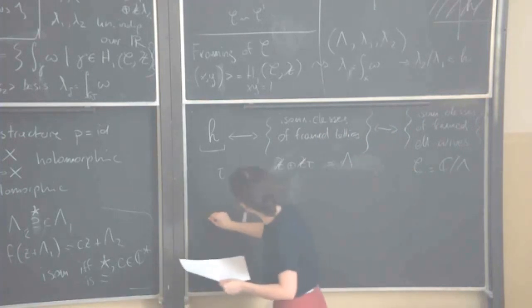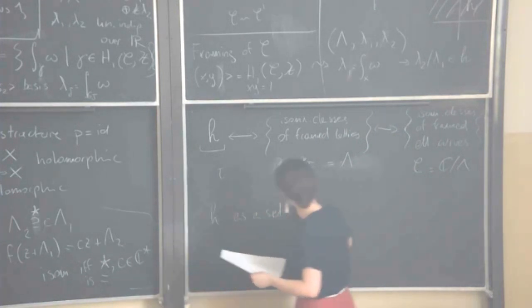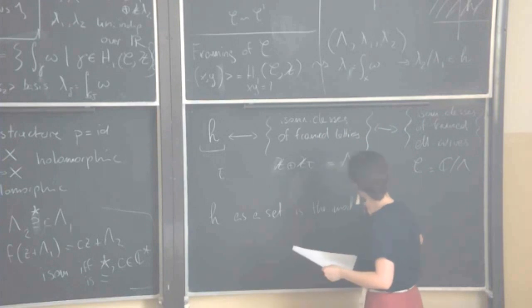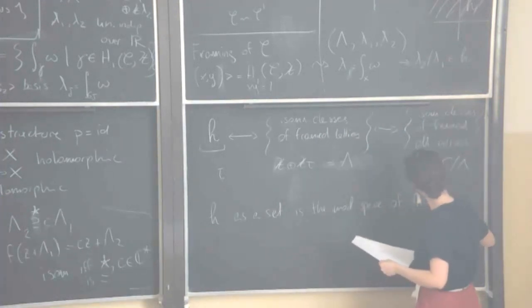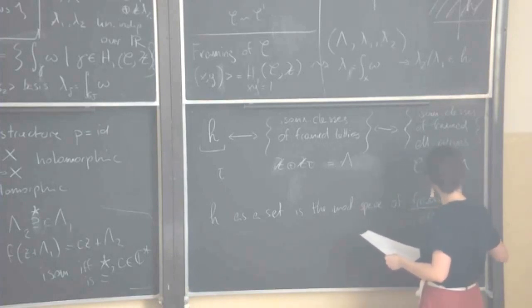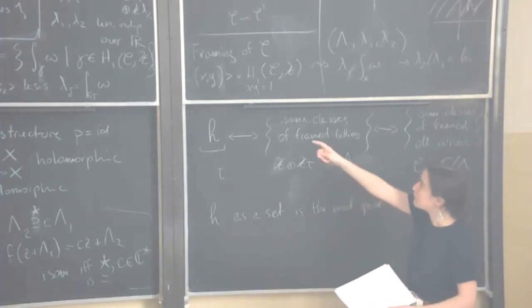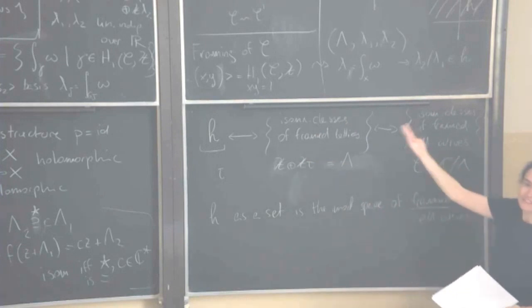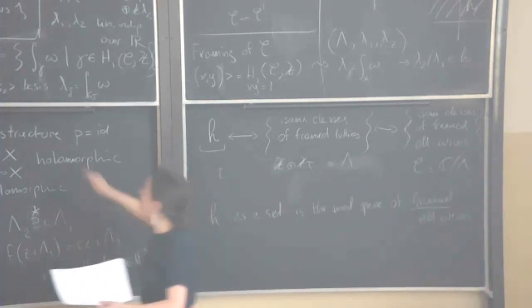So our H as a set is the moduli space of framed elliptic curves. And if we want to get from this to the moduli space of elliptic curves, we have in some sense to forget about the framing. And there is a proper way to do this.